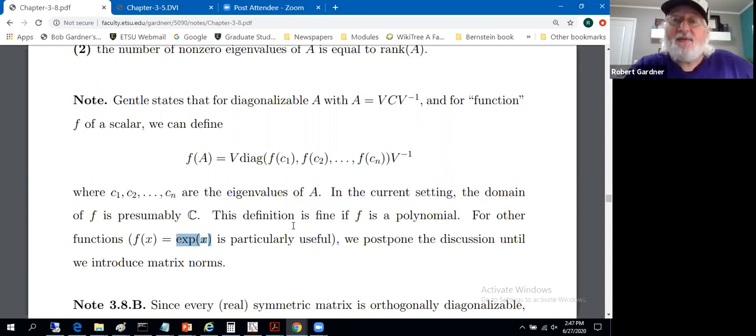In fact, it's easy if I have a diagonalized matrix. I argue a little bit with this. I'm not comfortable with him saying any function. We certainly need some more details. This statement is fine if we got a polynomial. If you want to put a matrix in a polynomial, no problem. That means raising the matrix to powers.